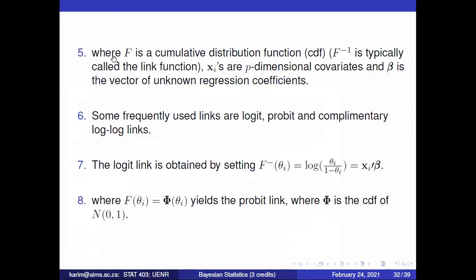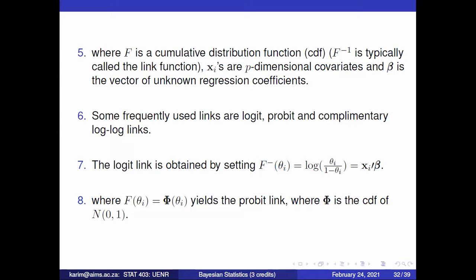Now, we are saying that f is a cumulative distribution function, and it's typically the link function. So the link function specification defines the data type that you are dealing with. If you are dealing with normal data, we use what we call the identity link function.